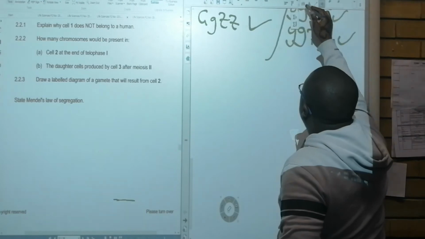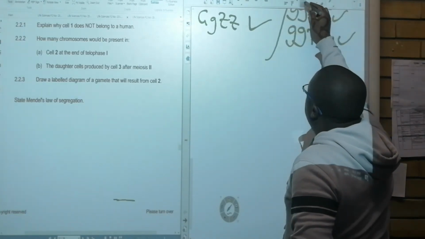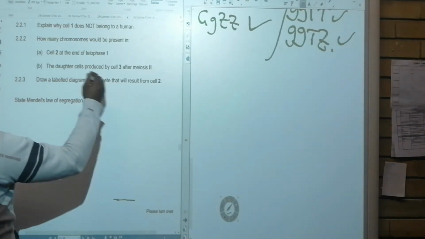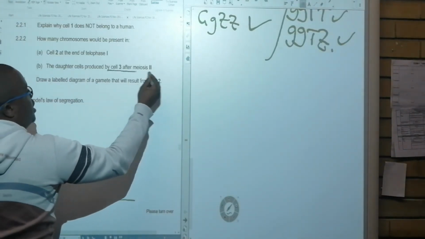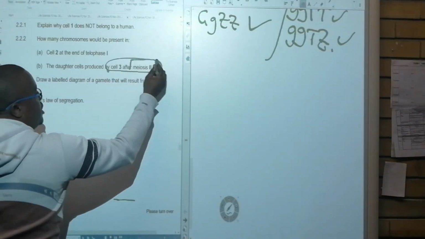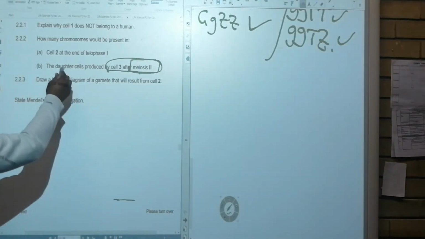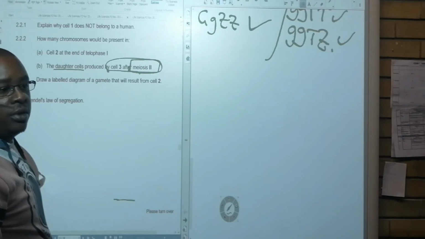How many chromosomes would be present in the daughter cells produced by cell 3 after meiosis 2? How many daughter cells? There are 2.